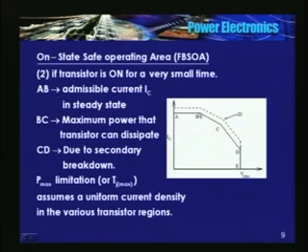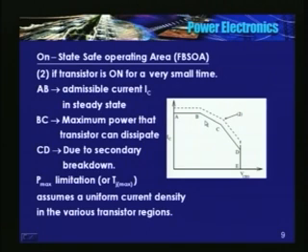Beyond that point, there is another boundary, BC. It is the maximum power that the transistor can dissipate. And CD is due to the secondary breakdown. What do you mean by secondary breakdown? I will explain to you.